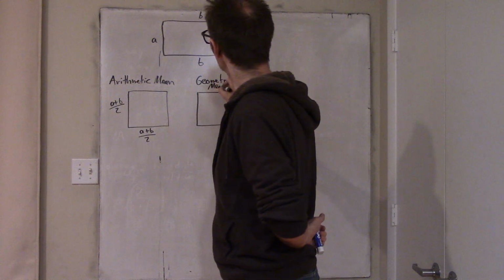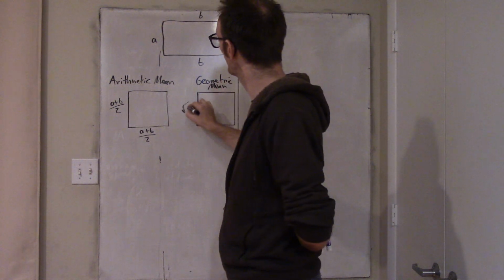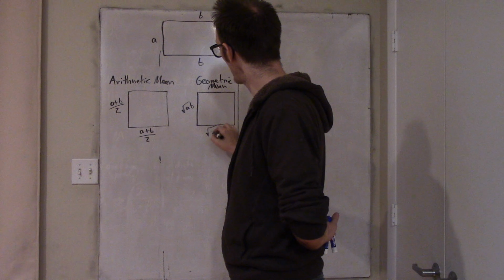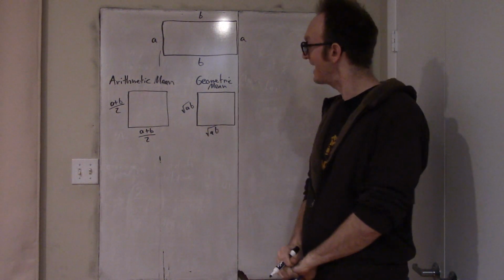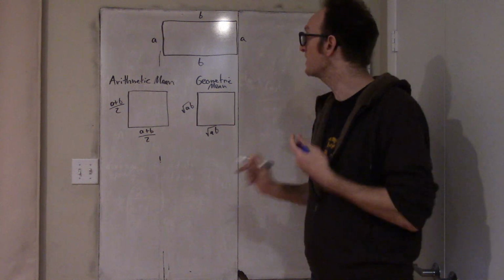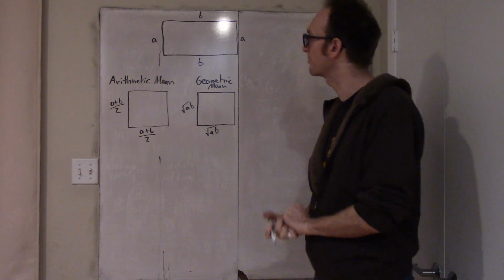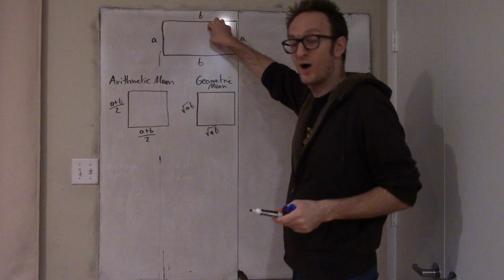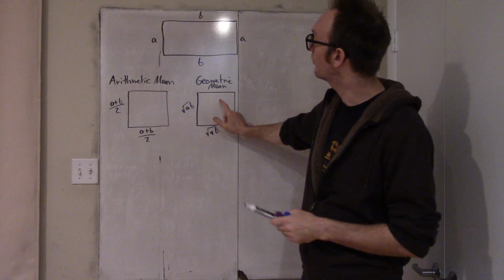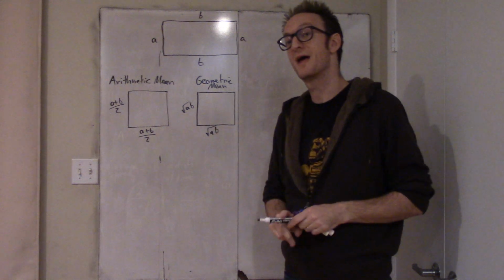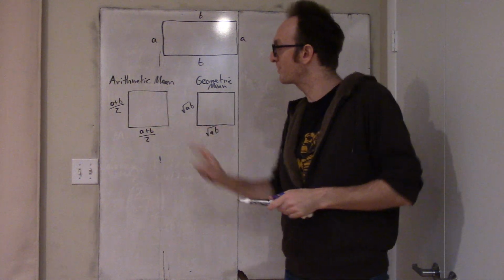What will the side length of that square be? Well, it'll be root AB. So take a square whose side length is root AB, then the area of that square will be AB. In other words, think of the geometric mean of two numbers as creating from the rectangle of those two numbers a new rectangle which preserves area, whereas the arithmetic mean preserved perimeter.